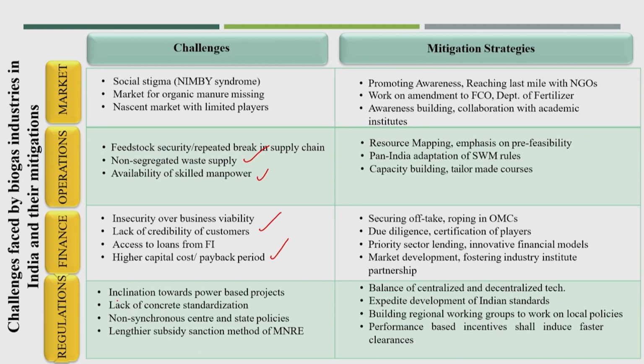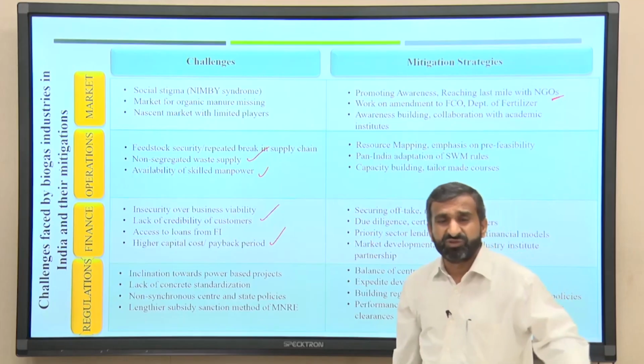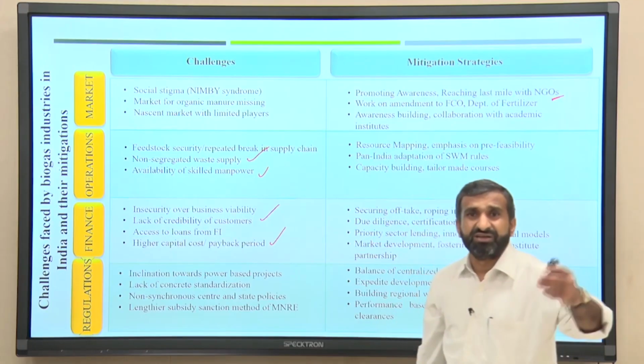So, likewise these are some challenges, but there are some mitigations also you can find, like for the NIMBY syndrome or if there is no market, you need to promote awareness more. And why not include some NGOs which can work with local authorities, like the municipal board or state, even the center.